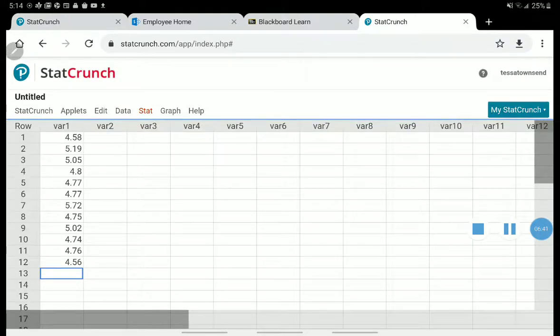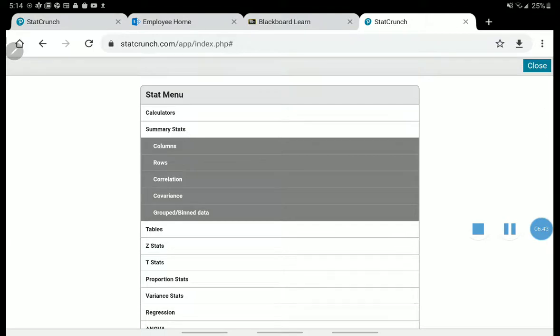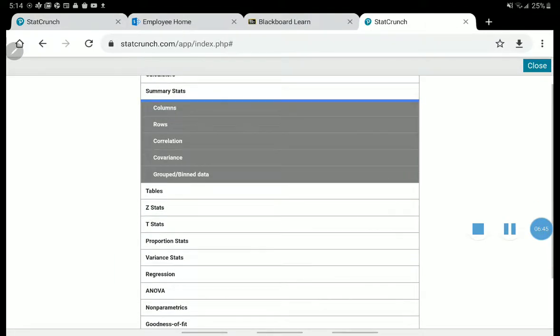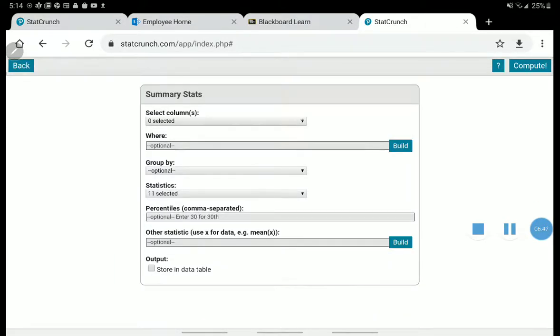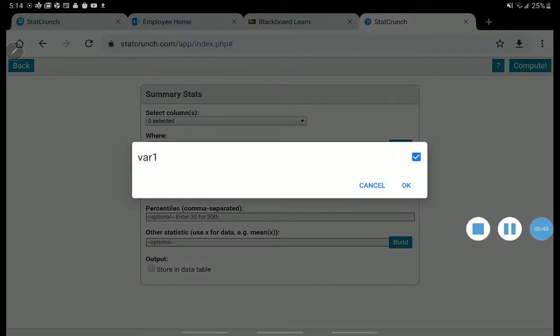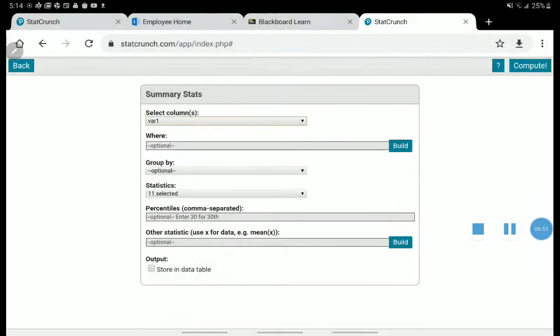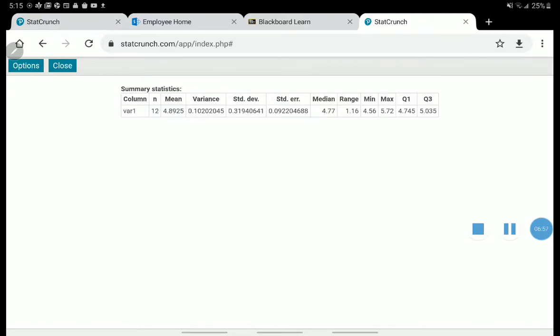I'm going to go back a screen. You go to Stat, you go to Summary Stats. It's not going to work on my tablet like it would on a computer, so your screen is going to look way different than mine. Well, it's not quite as different as I thought it would be. So we want the mean. Here's our mean, 4.8925.